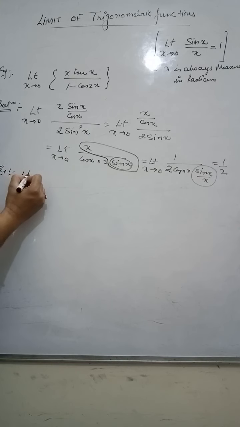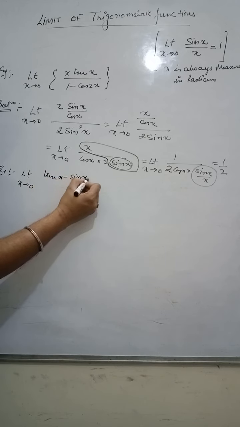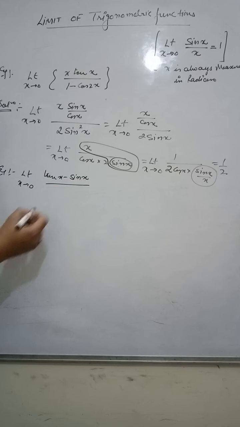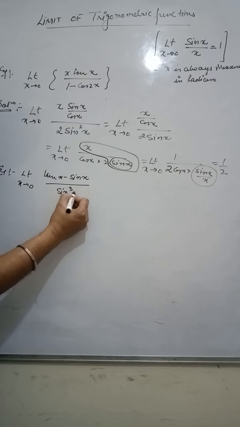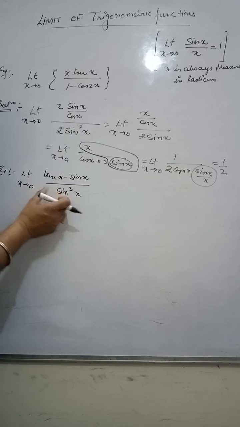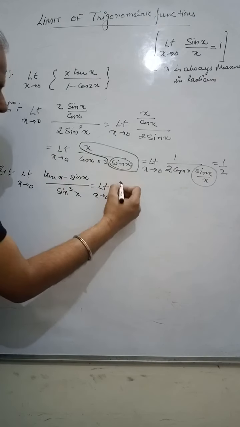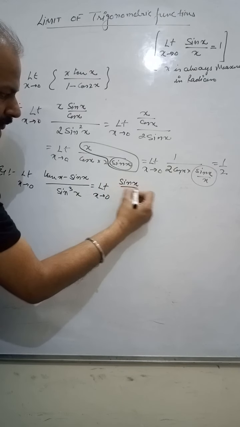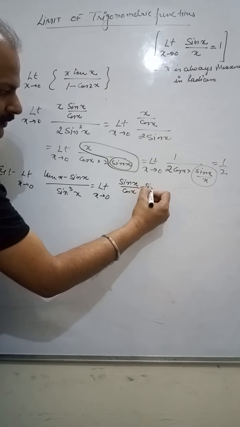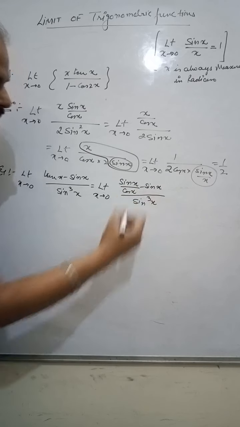Say we need to evaluate the limit as x goes to 0 of tan x minus sin x upon sin cube x. Again the same thing, if I put 0 here, sin 0 will be equal to 0, that's a problem. So tan means sin over cos, minus sin x, upon sin cube x.